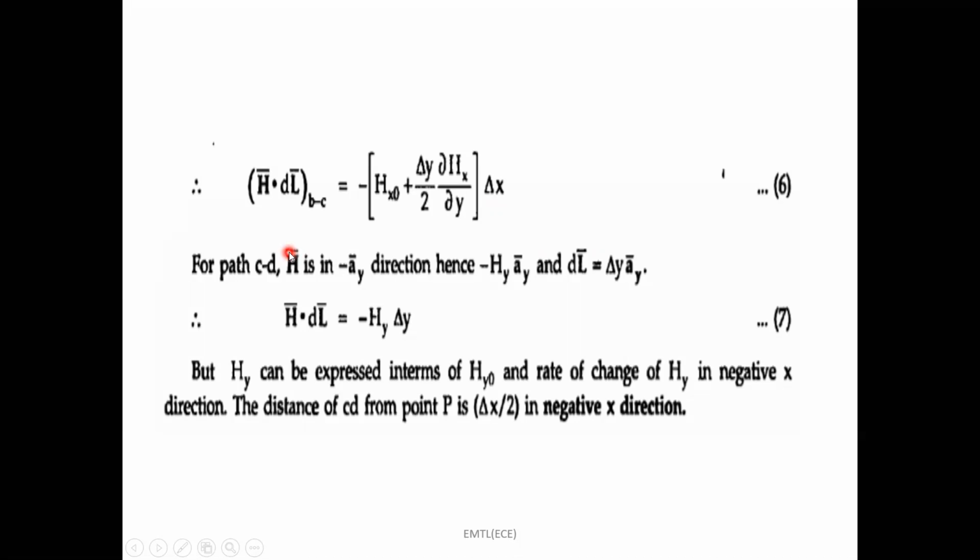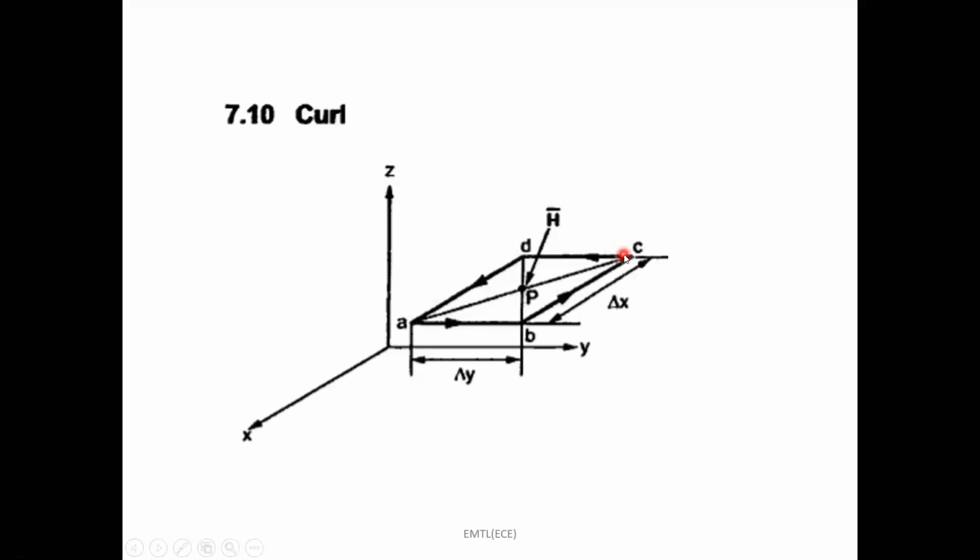From equation 6, this represents the magnetic field intensity at the point P due to current passed from B to C. The same we have to follow for the path C to D also. When you observe the figure, C to D is in the negative y direction.